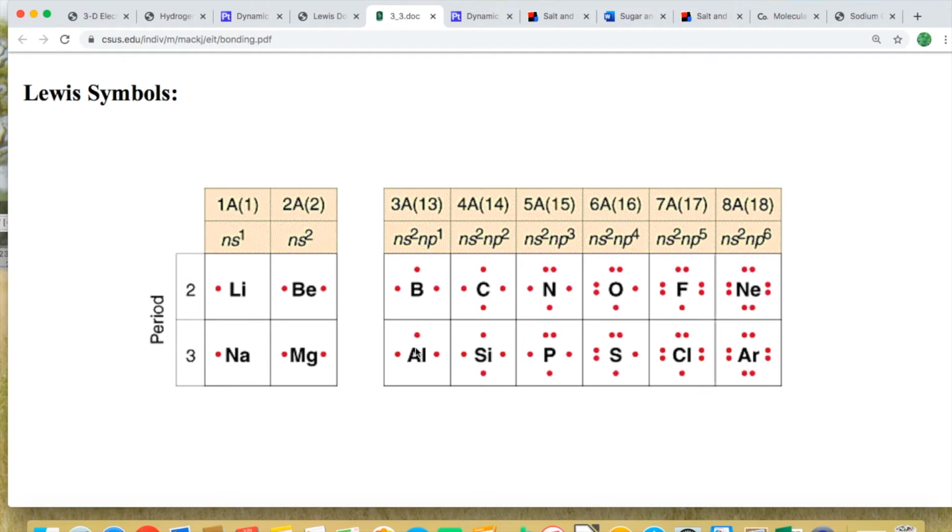Your ion charges are +1, +2, +3. There's no such thing as a +4 ion charge, not for these guys. They don't form that, so no charge. But now, -3, -2, -1, and again, no stable ions are formed for noble gases. So the valence of an atom and the ion charge of an atom directly correspond to each other.